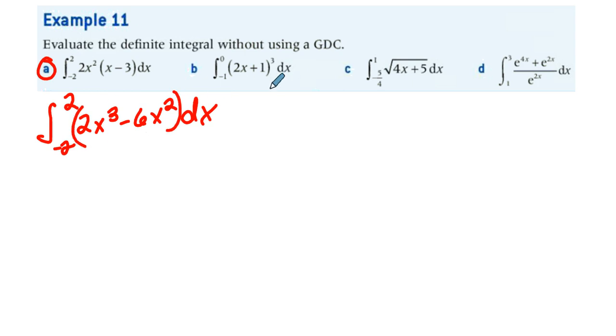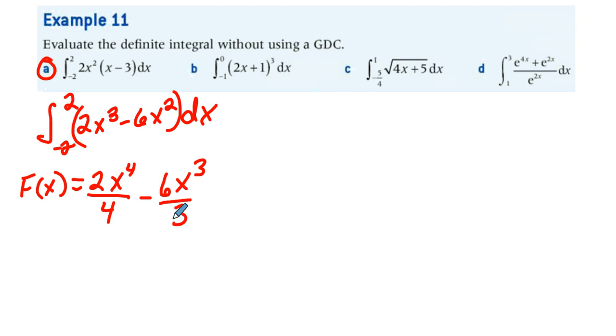Now when I integrate this, I find capital F of x. I'm going to ignore my bounds for right now, so I'm just going to integrate this function. When I integrate, I get x to the 4th, which means the 2 is going to be divided by 4, minus x cubed, which means the 6 is going to be divided by 3.